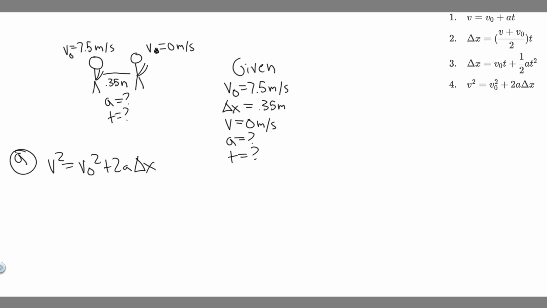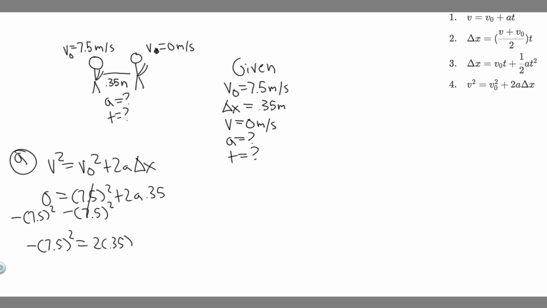So v is 0, and 0 squared is still 0. So 0 equals v sub 0 squared, so 7.5 squared, plus 2 times a times delta x, which is 0.35. I'm going to move this to the other side so we can get a by itself. We get minus 7.5 squared equals 2 times 0.35 times a.